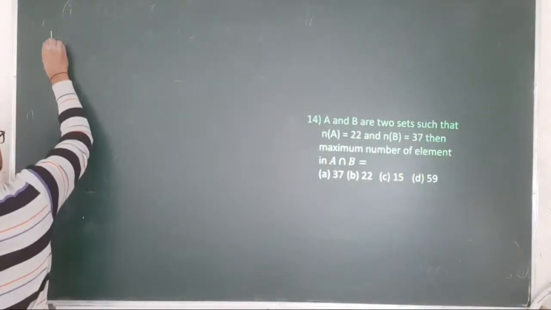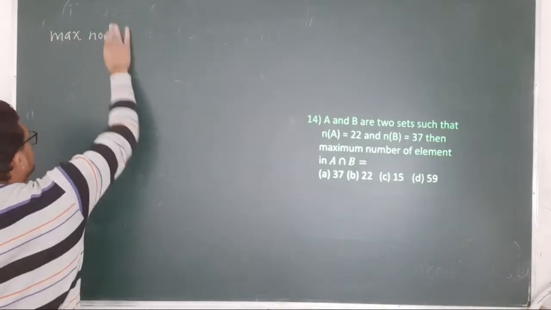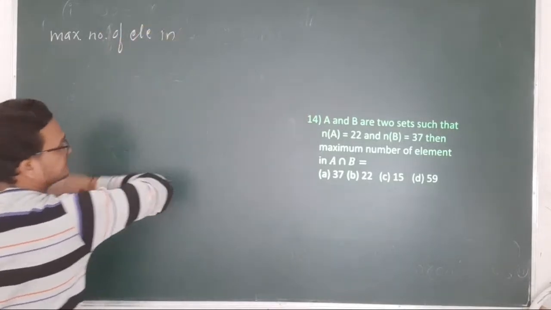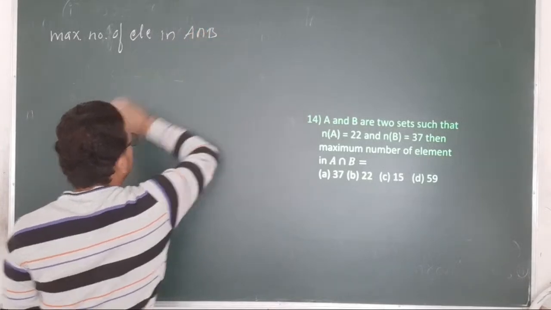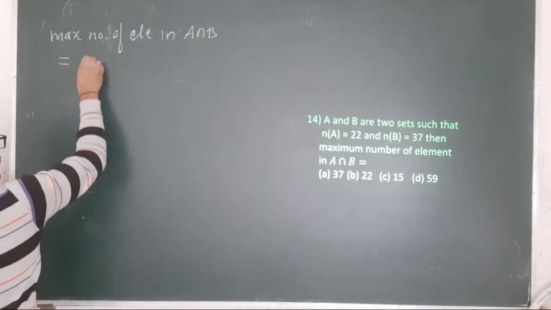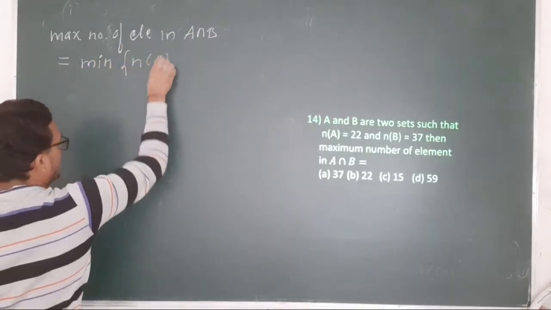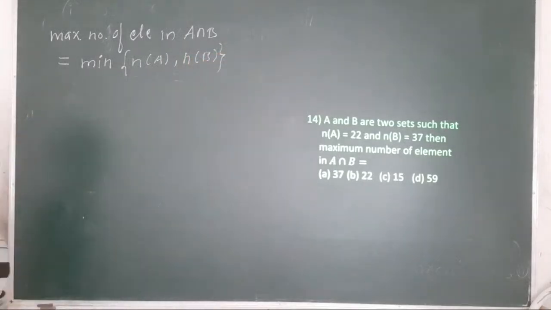What is that? The maximum number of elements in A intersection B is equal to the minimum of n of A comma n of B. What is that formula?